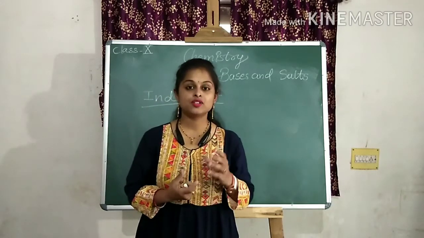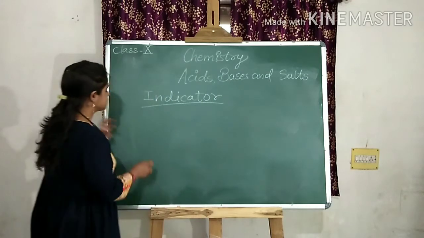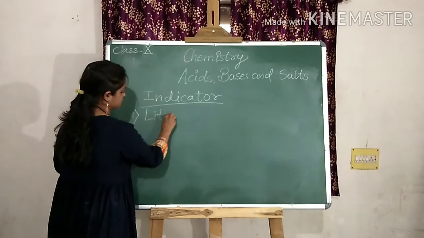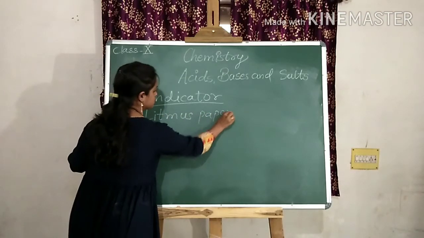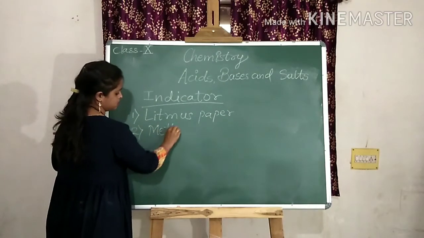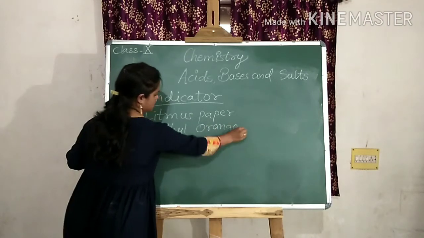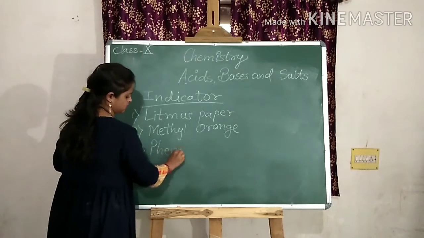There are three common indicators we use for our study purposes. One is litmus, which we use in the form of paper. Second is methyl orange, and third is phenolphthalein.